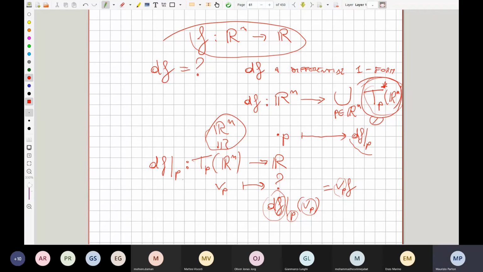Differential one form before applying the point. So the differential one form is the one before the point, yes. The word differential means, and I haven't told you up to now, that as a map from U to this union over P in U of cotangent spaces, it is smooth, it is C infinity.